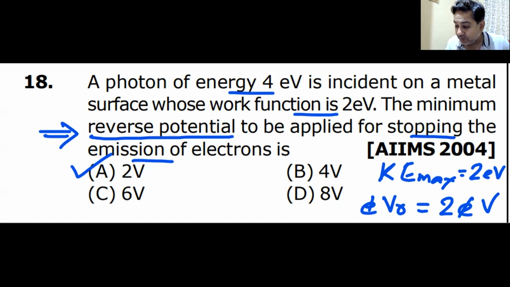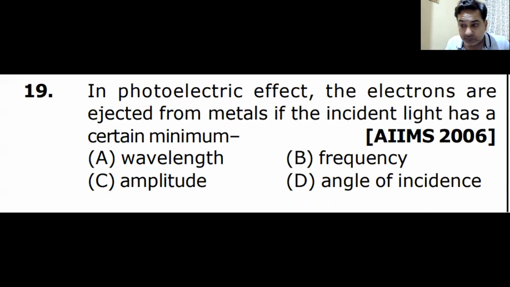As I say, most of the questions that you see are straightforward questions. I don't need any proof. The question is right there in front of you. Give me the answer to this one. In photoelectric effect, the electrons are ejected from metals if the incident light has a certain minimum what?